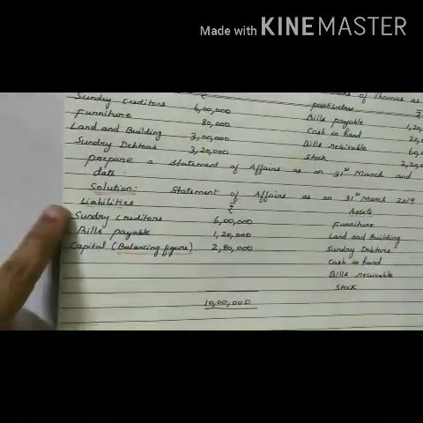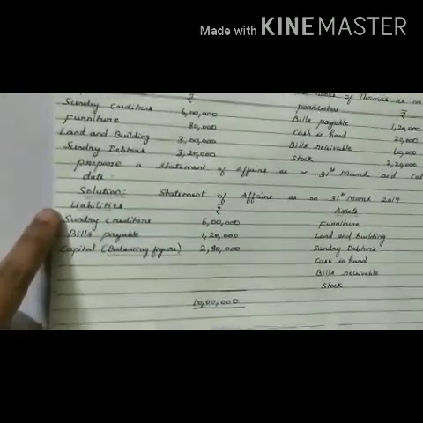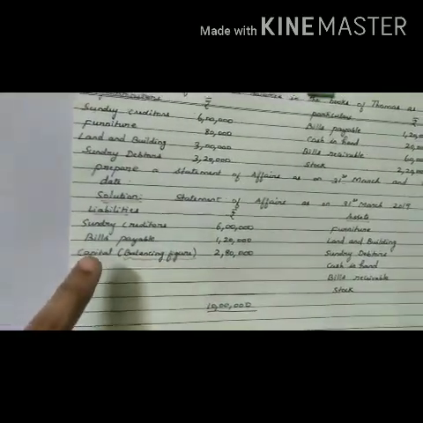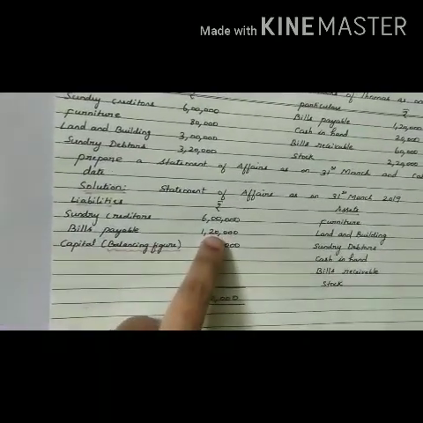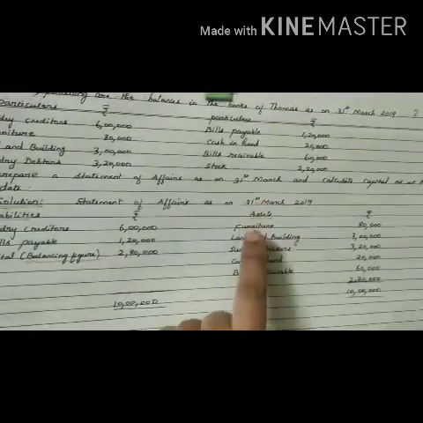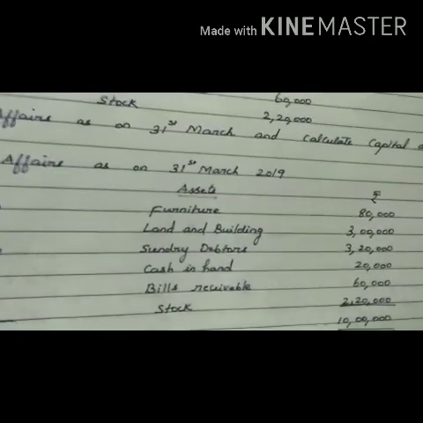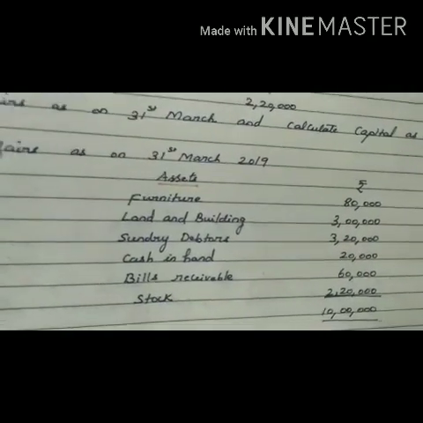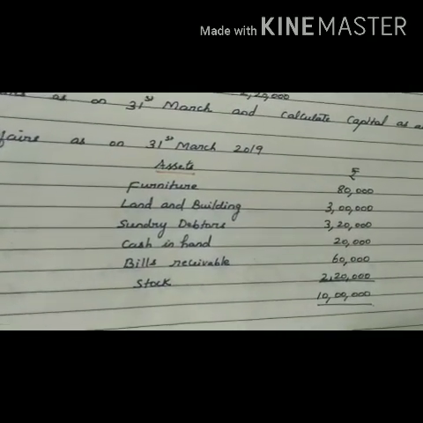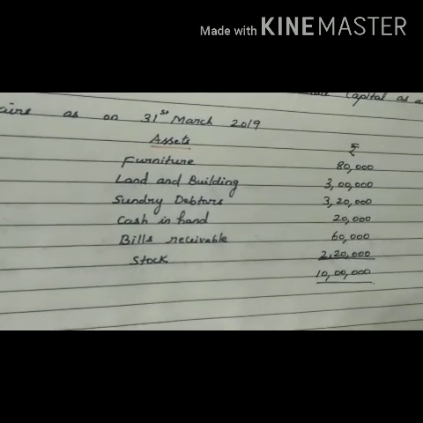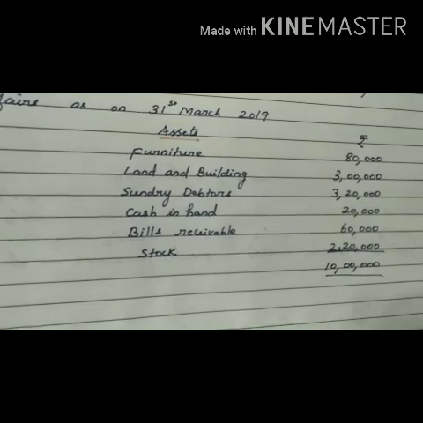As I told you, liabilities on the left side: sundry creditors 6 lakhs, bills payable 1 lakh 20,000. Coming to the asset side: furniture 80,000, land and building 3 lakhs, sundry debtors 3 lakh 20,000, cash in hand 20,000, bills receivable 60,000, stock 2 lakh 20,000.